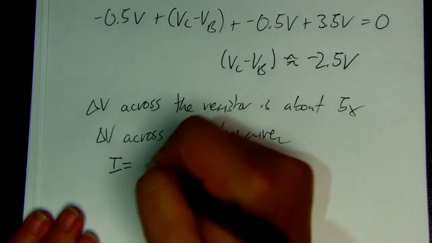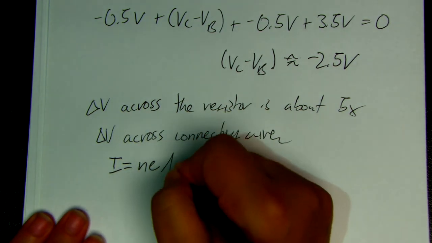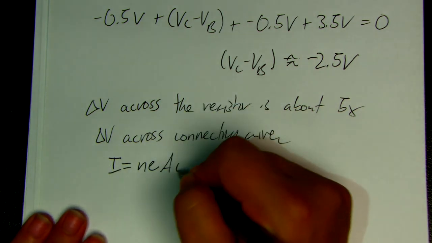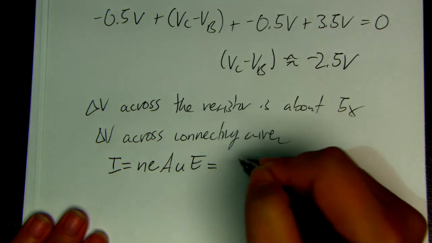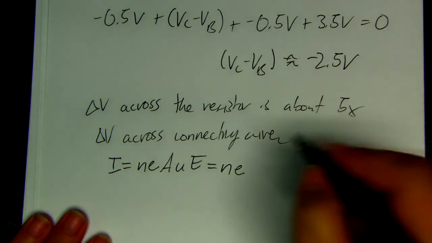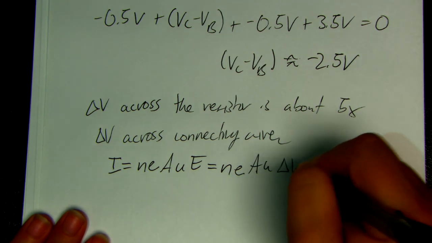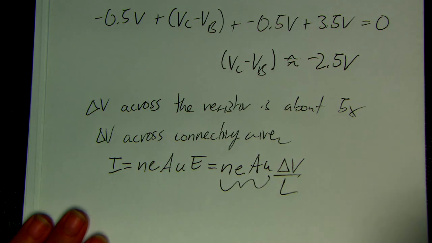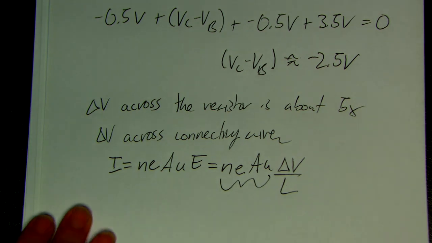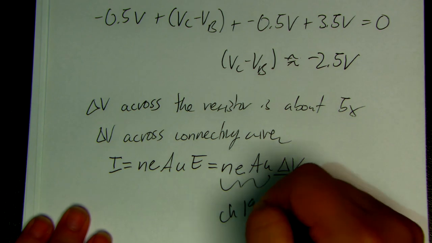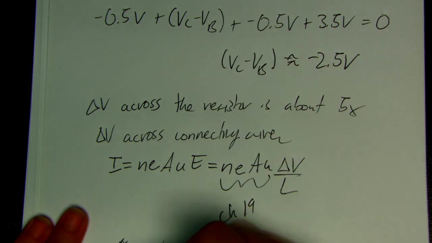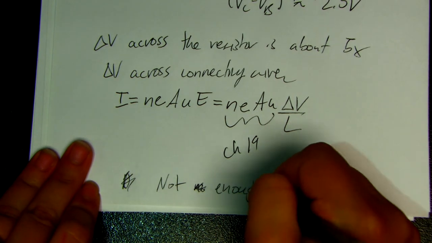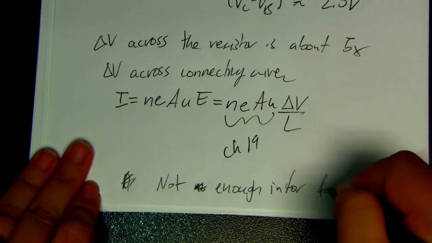We need to learn a little bit more about resistors, because current is I equals n e A u E, and we can rearrange to put this in terms of delta V over L: n e A u delta V over L. We don't know these properties about the resistor, and so this is leading into what we're going to do in chapter 19. Not enough info for I.